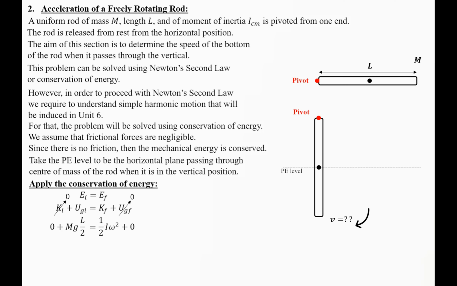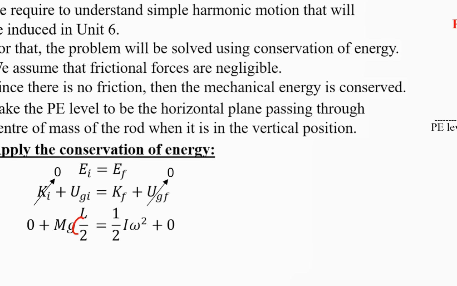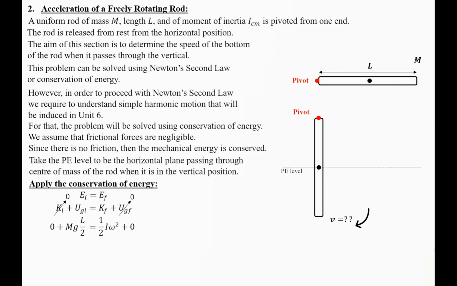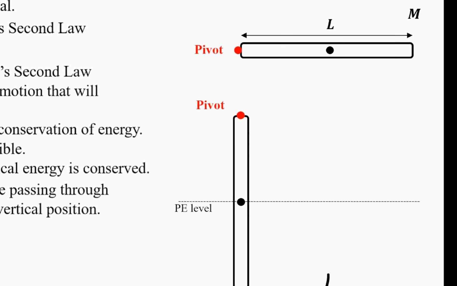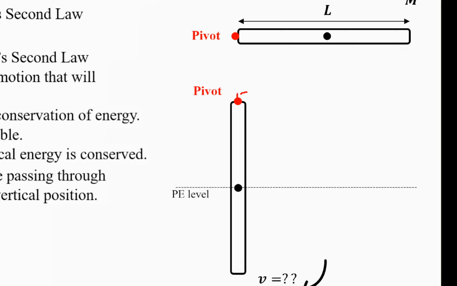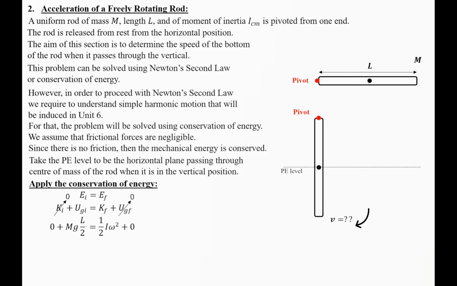Now here, we suppose we have h. What does h represent? H represents the distance between the center of mass from the initial position to the final position. Now initially the rod was situated here. Let me repeat myself: what does h represent?